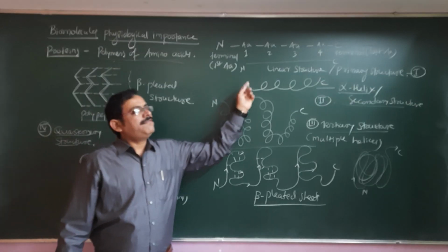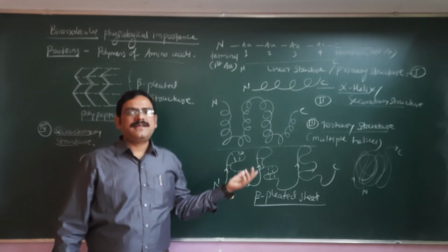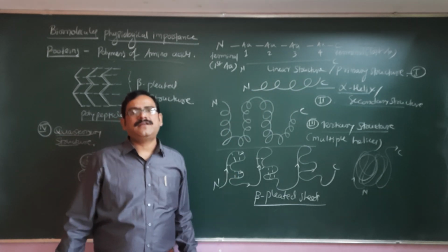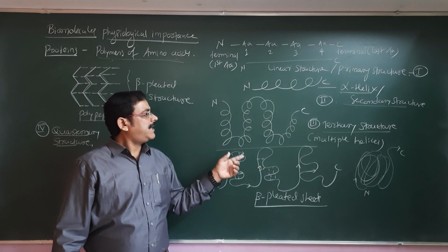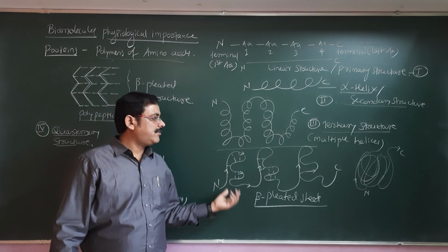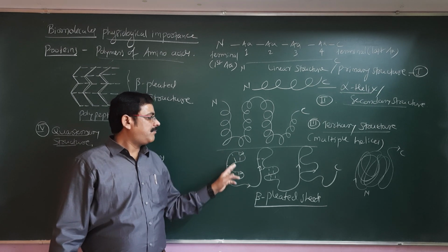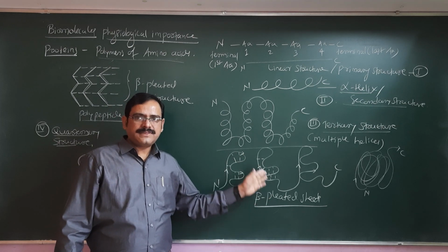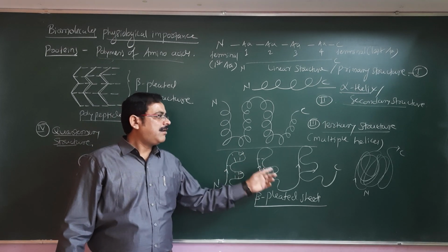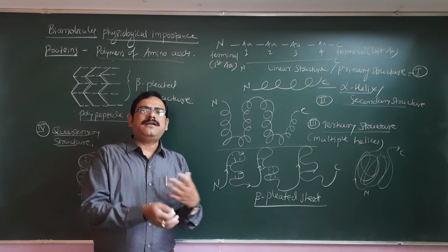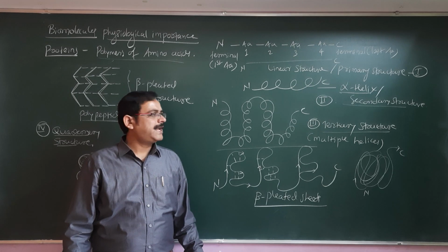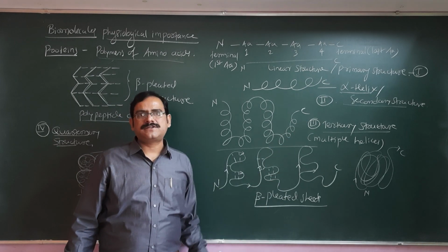When it forms helices instead of a linear chain, it is called the alpha helix, the secondary structure. When these multiple helices form bonds between each other, or form a much more compact tangled mass like a woolen ball, it is a tertiary structure.